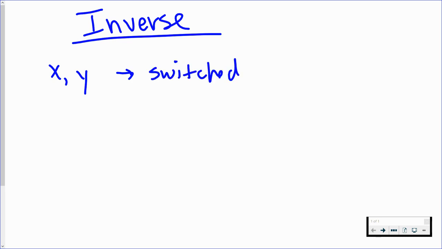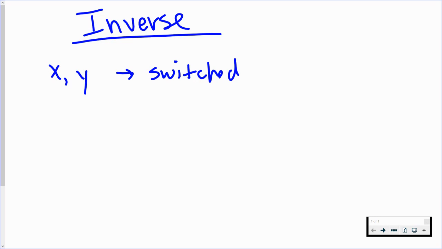So if it's an x coordinate for the function, it's a y coordinate for the inverse, and vice versa. And if we're trying to find a derivative of an inverse at a specific value, we kind of have to do the reverse with the regular function. We have to find where that function is equal to that y value in order to switch those coordinates.